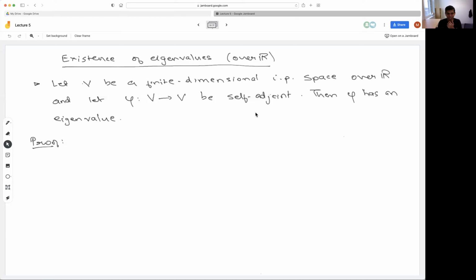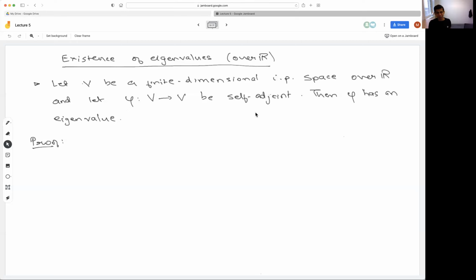We want to prove that it has an eigenvalue. We can think of the same matrix as mapping complex numbers to complex numbers, right? A matrix with real entries still maps vectors with complex entries. It still multiplies them by some real things. Those are still valid complex numbers. So basically, you can think of a transformation over real spaces as a transformation over complex spaces.